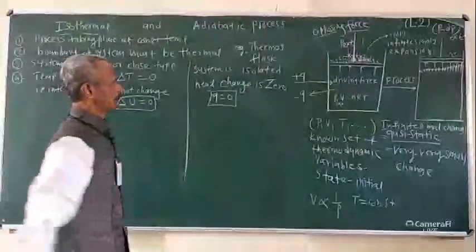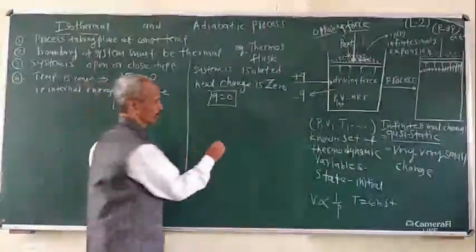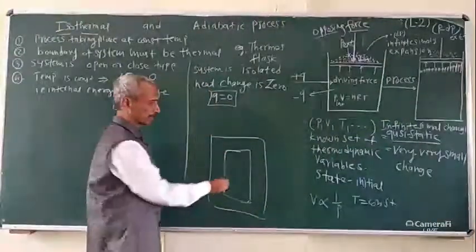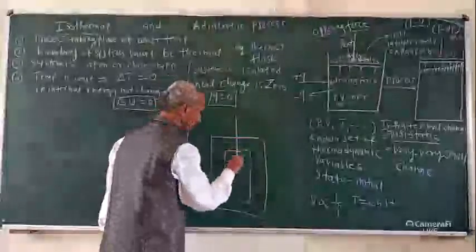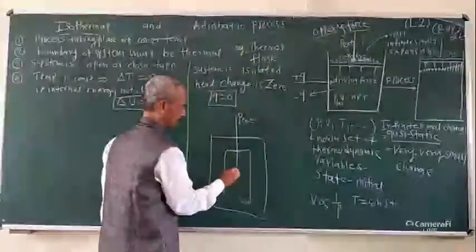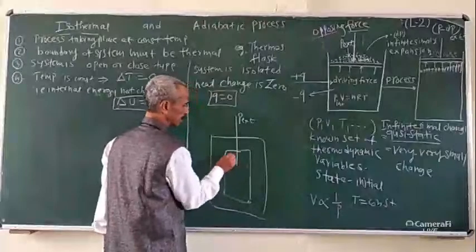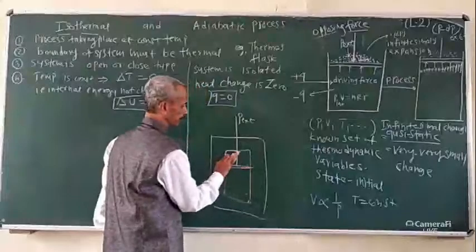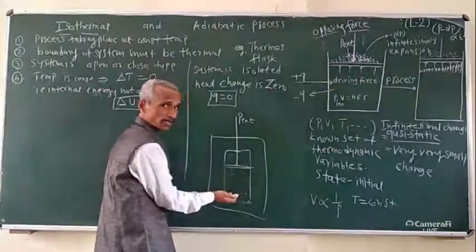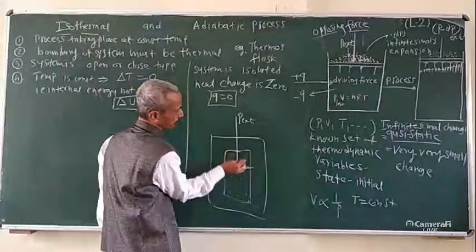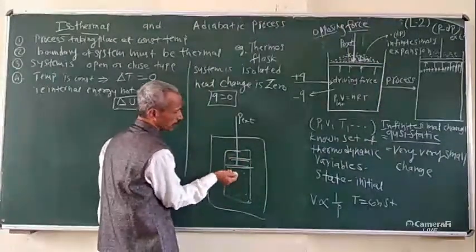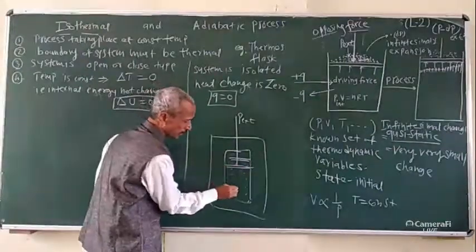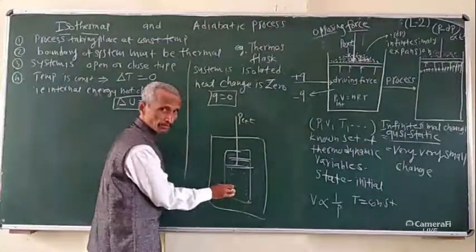Adiabatic change. Suppose this is an adiabatic system, and this is the external surrounding. There is some reaction going on, and suppose there is a piston. If an exothermic reaction takes place, the piston can be displaced, but at the cost of the internal energy of the system.